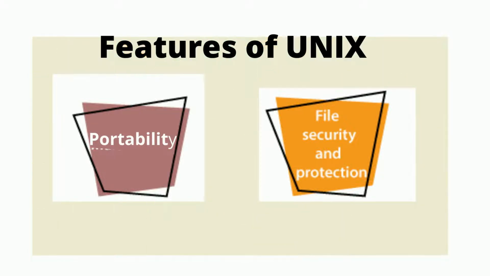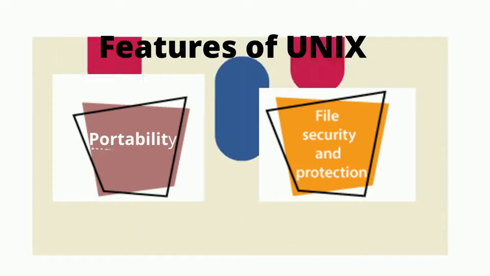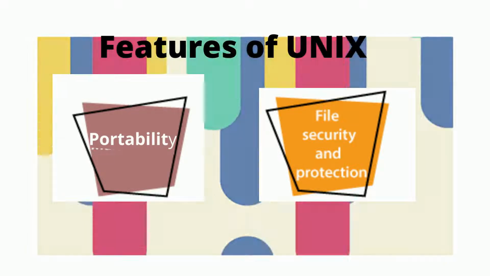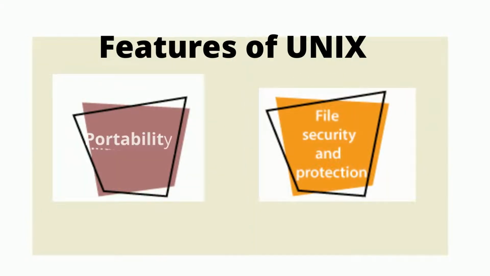UNIX is highly meant for security, file security and protection. Being a multi-user system, it takes special care in considering security. UNIX has different levels of security, such as assigning usernames and passwords.